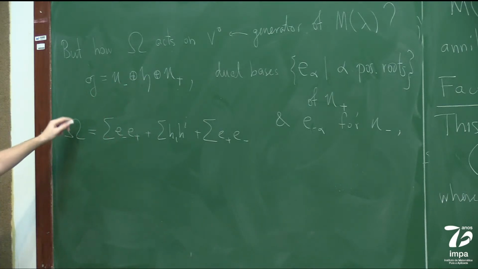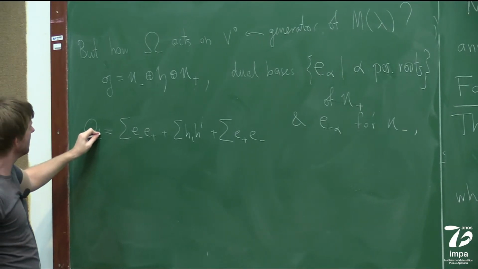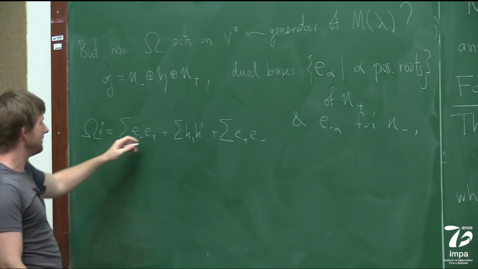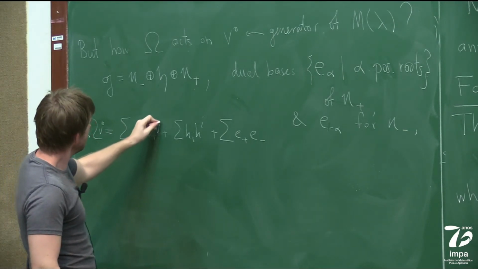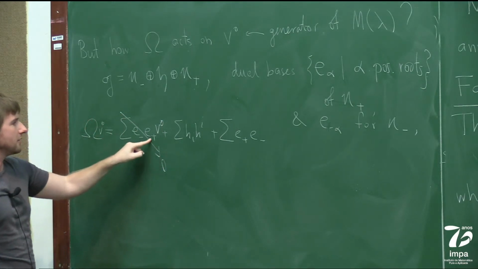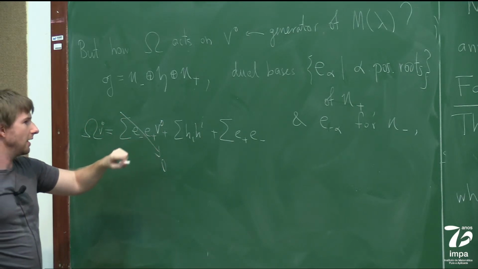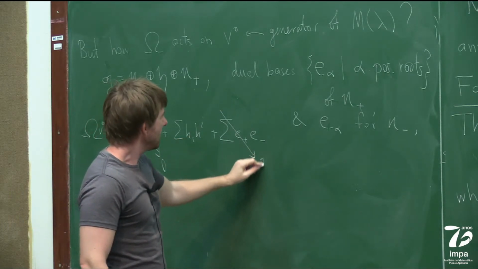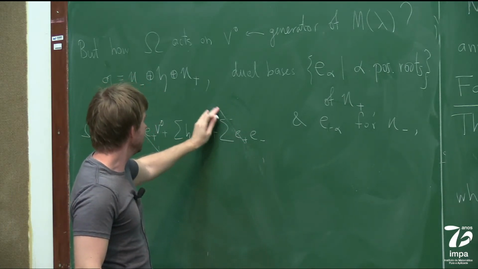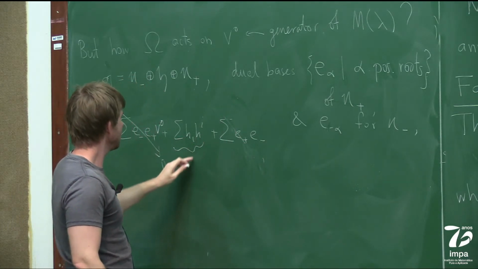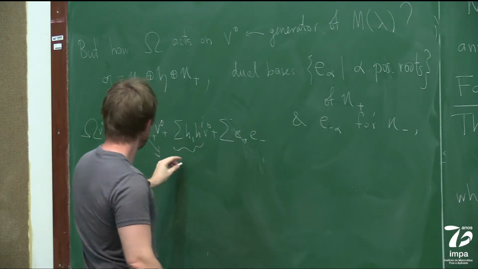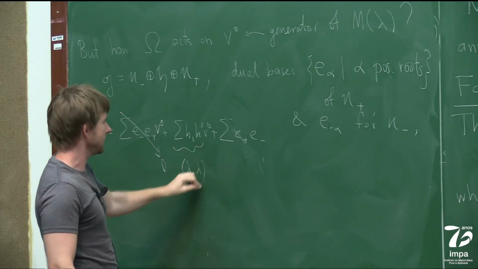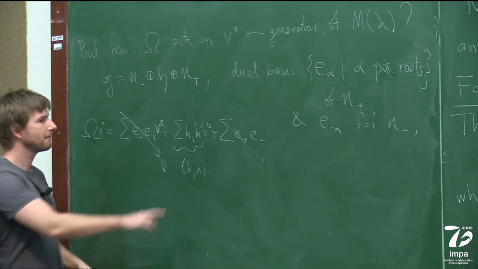So if you take omega, which now looks kind of like this, and apply it to this highest weight vector, then this part's going to go to 0 because the positive root is going to annihilate the vector. This part is not going to go to 0. It's going to be exactly lambda with lambda.